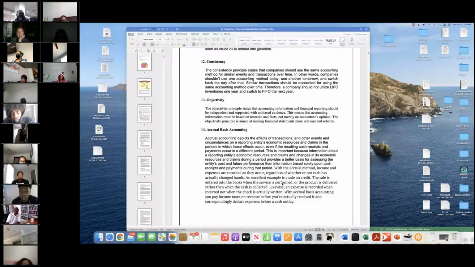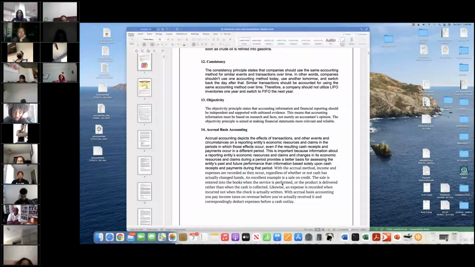And finally, accrual basis accounting, which is a summary of what we talked about. We look at these transactions and events, and whenever there's an impact on economic resources and claims, we recognize those in the period that they occur.